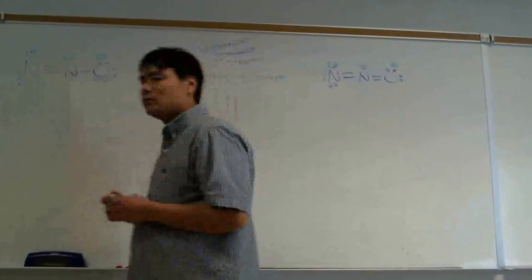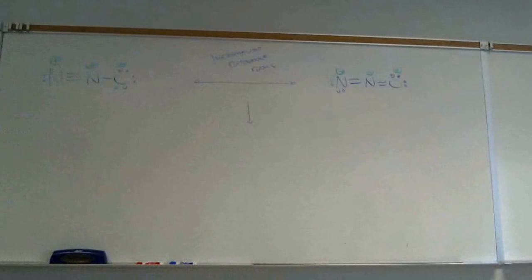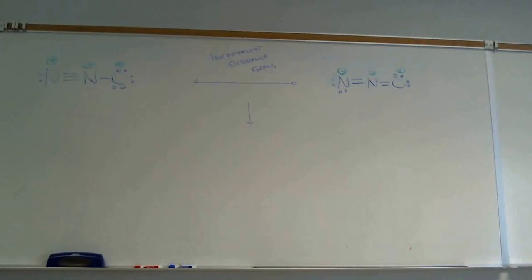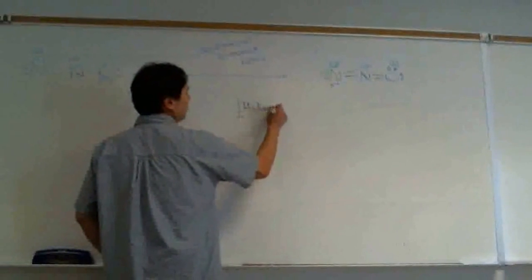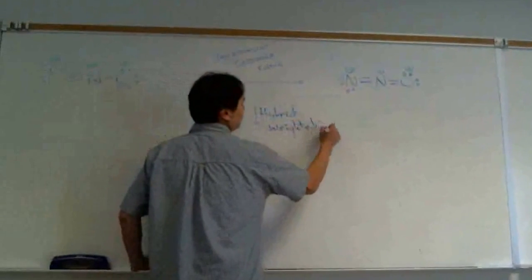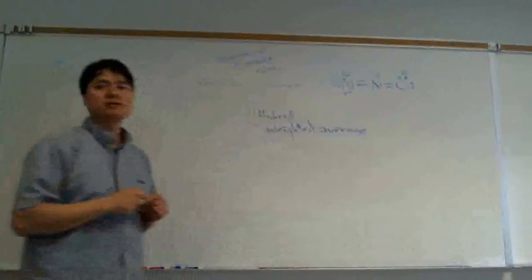When we have equivalent resonance forms, we just take the average of all of them. When we have inequivalent resonance forms, we do a weighted average rather than a straight average. And so the hybrid will be a weighted average. What is a weighted average? It's not a 50-50 mix.